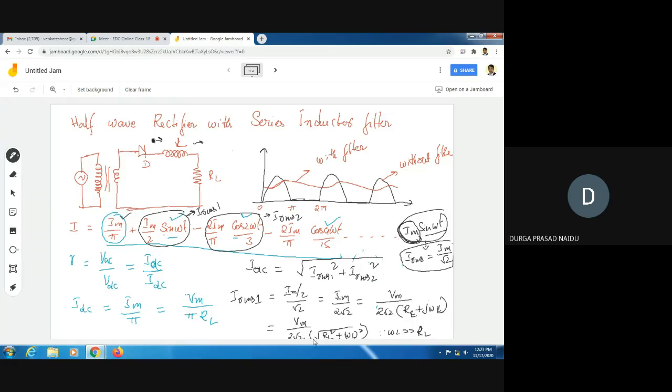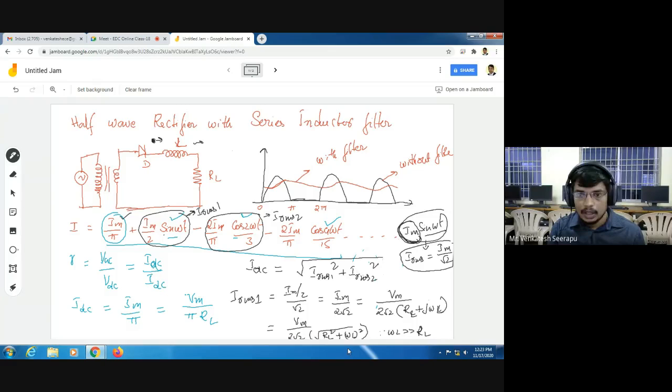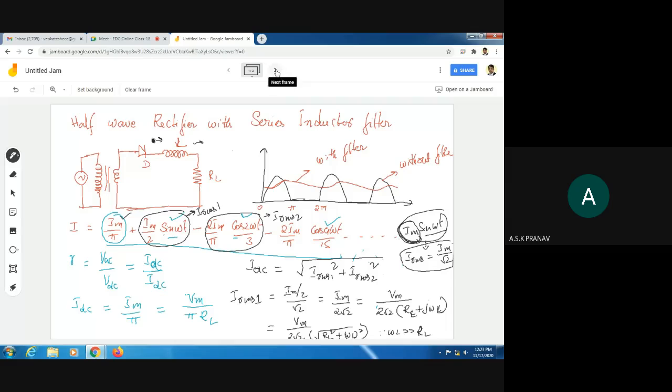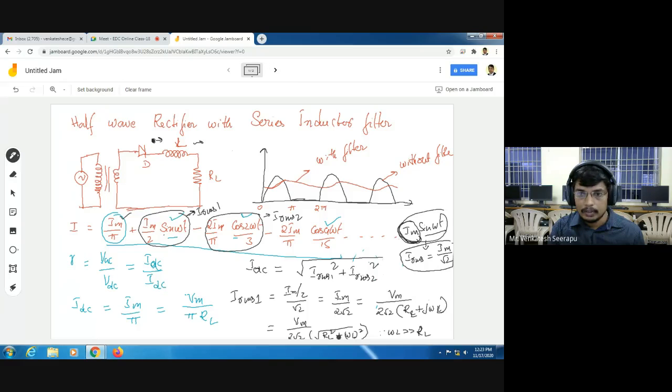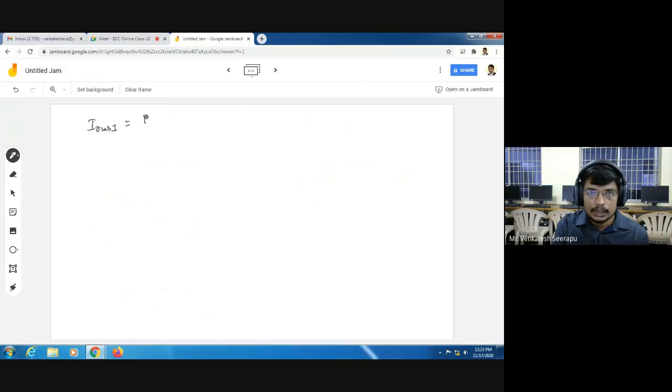We neglect RL because the RL value is very small. So the equation is Vm by 2 root 2 into omega L. Root over omega L whole square means the square and square root get cancelled. So here I got IRMS 1 as Vm by 2 root 2 into omega L.